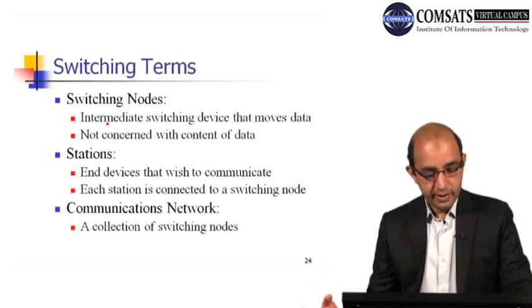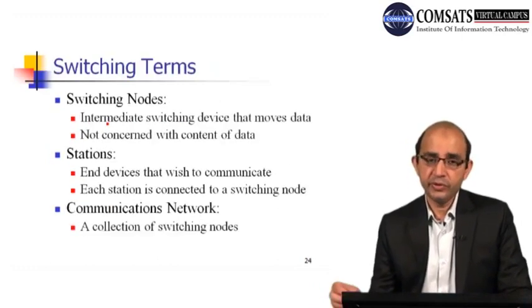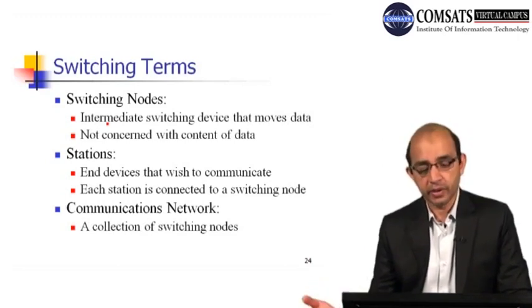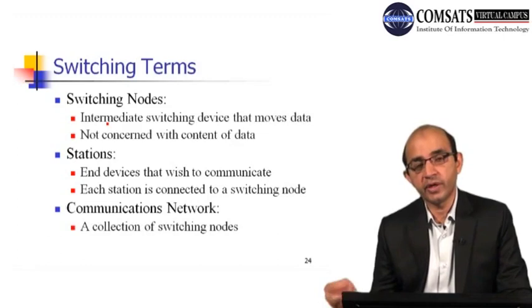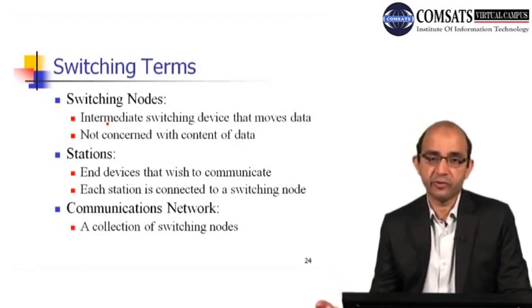And then, in order to have data transmission regarding LAN, WAN, MAN, we need some sort of switching equipment, right? So in order to understand the functionality of that switching equipment, we need to grasp some switching terms.